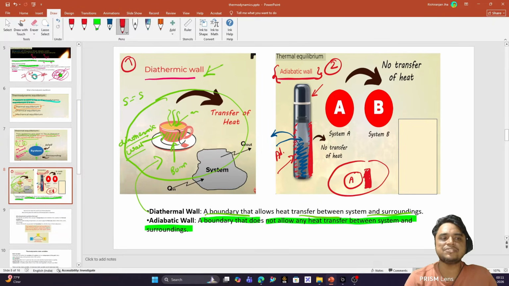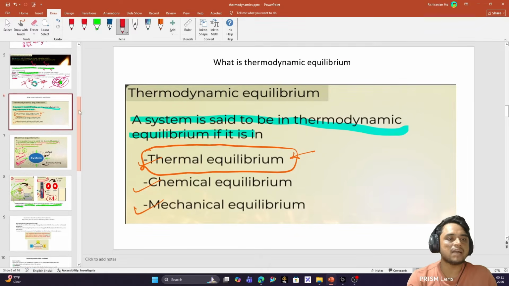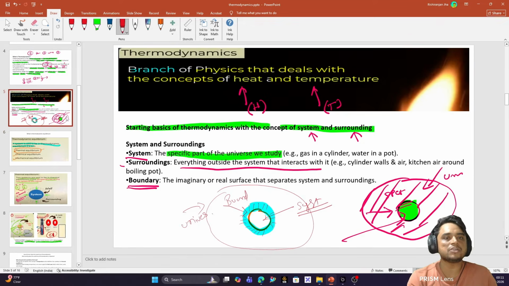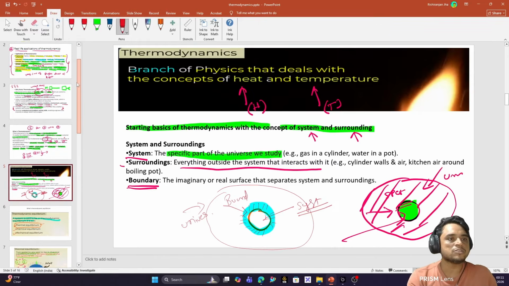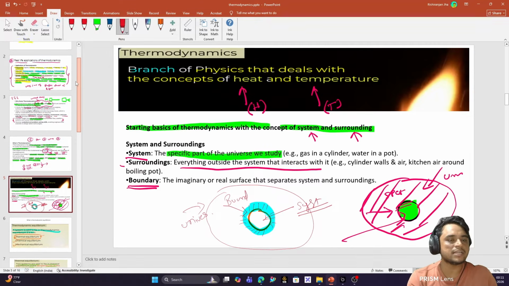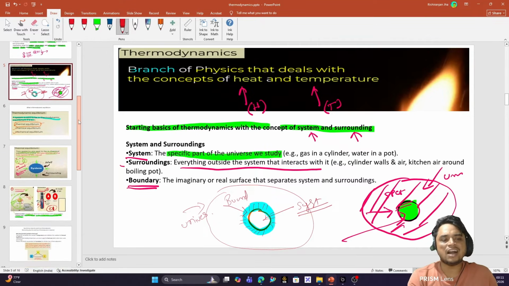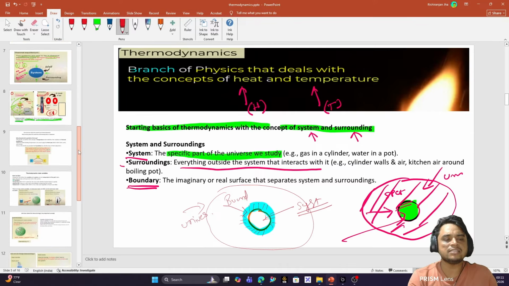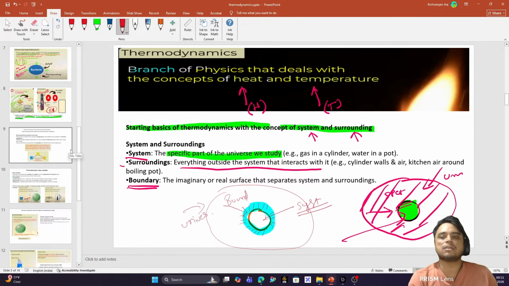Now, we have studied thermal equilibrium, the types of wall, and system and surrounding. We have already covered the basic definition of thermodynamics. We also studied the real life applications of thermodynamics. I think after covering all these things, you are ready for the first law of thermodynamics.